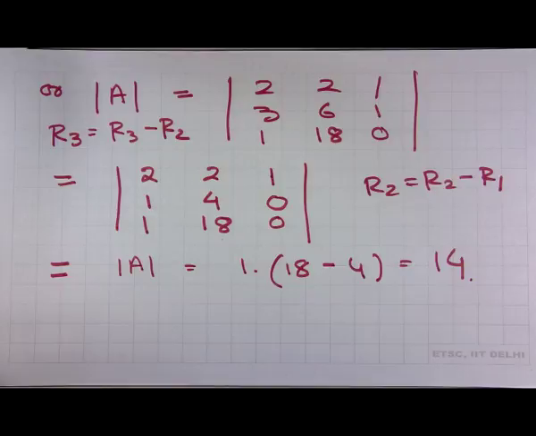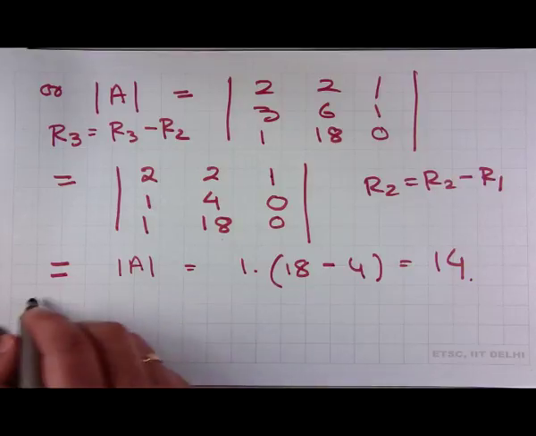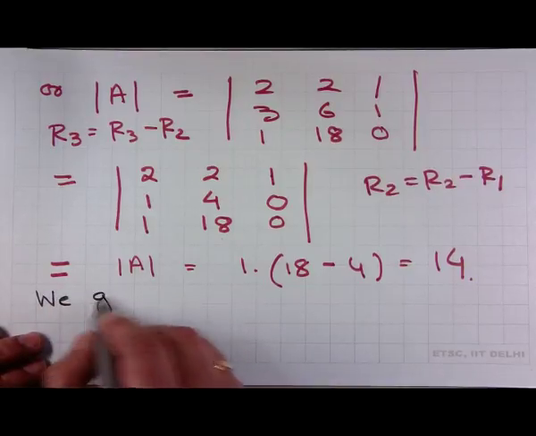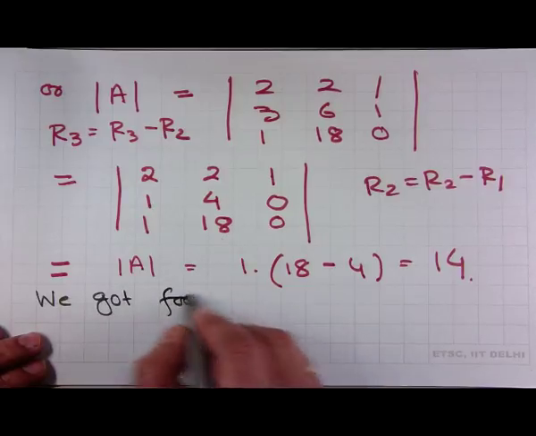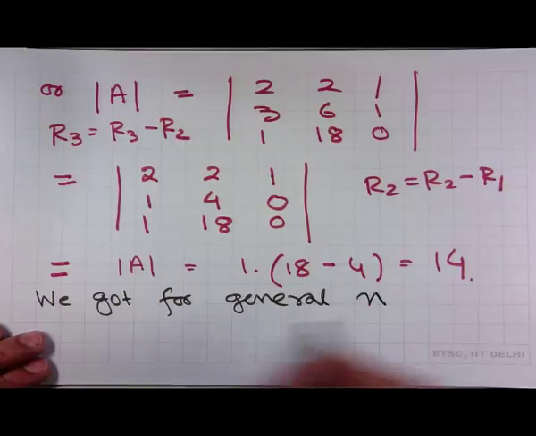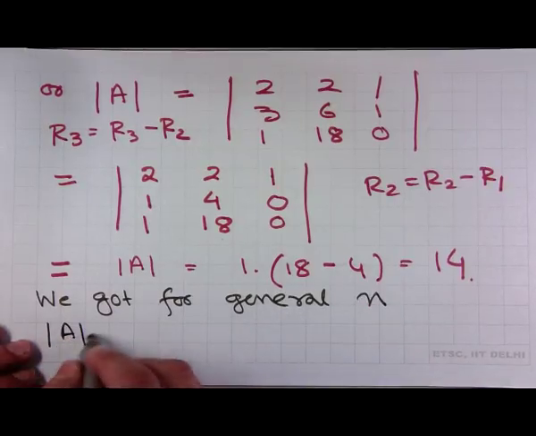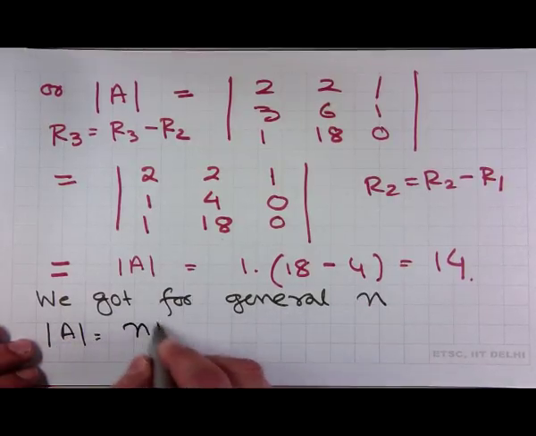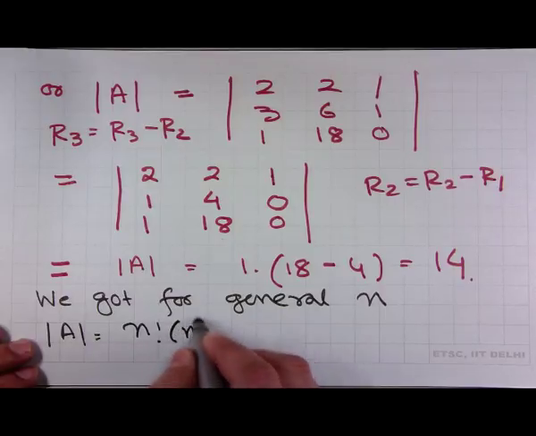Now, if you remember, we got for general n, determinant of A equal to n factorial into n square plus n plus 1.